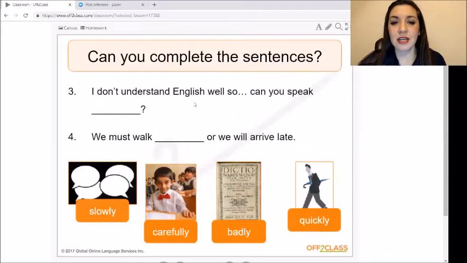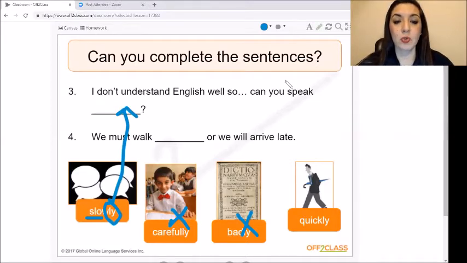I don't understand English well, so can you speak slow or slowly? I don't understand English well, so can you speak slowly? So this is the adverb that goes here.